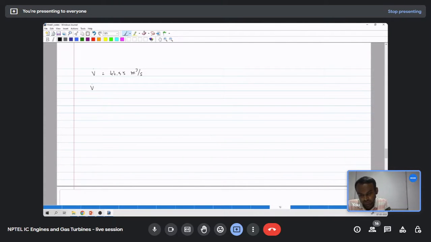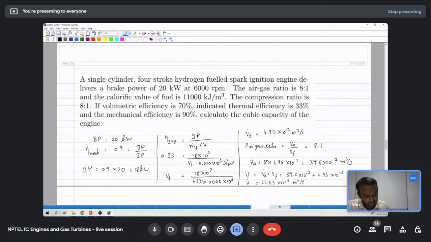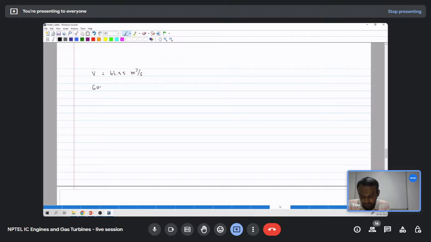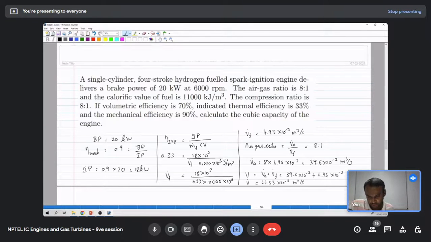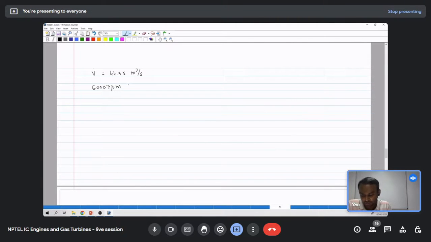We have the speed of the engine, 6000 rpm, and we have been told that it is a 4-stroke, single cylinder engine. So that means 6000 divided by 2 divided by 60 cycles per second, which is 100 by 2, which is 50 cycles per second.